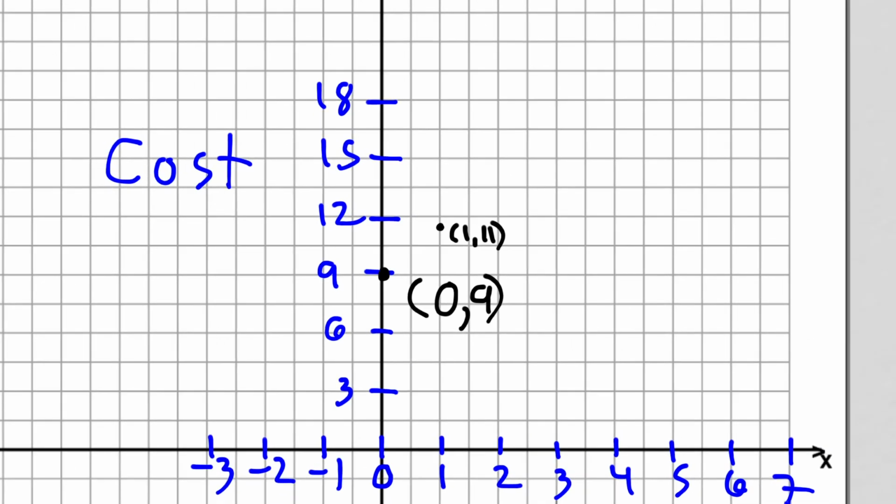Okay, when we had 2 toppings, that was 13. So 2 toppings, it's going to be up just a little above 12. 13 and a half is the midway point, so it's going to be a little bit lower.